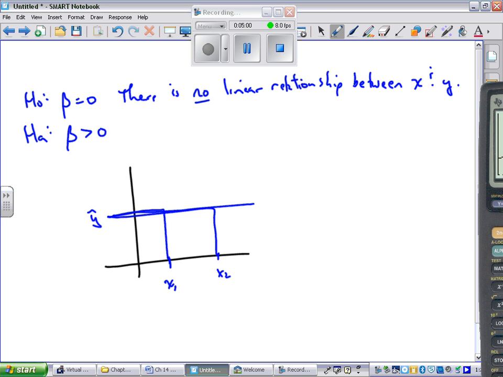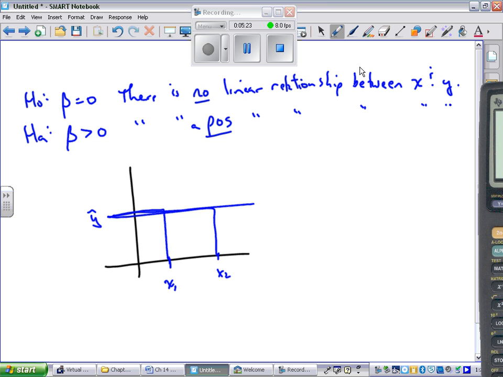And in this case, x and y is crying and IQ. In this problem I'm doing the one-sided alternative, beta is greater than 0: there is a positive linear relationship between x and y. I know that the problem we worked on in part 1 gave me a slope of 1.49. It appears to be positive.